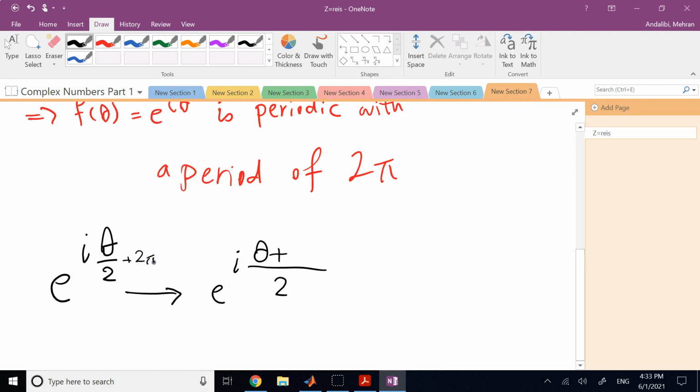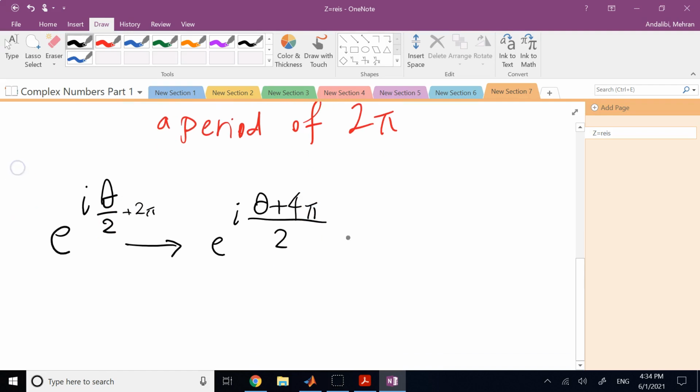If you add that, then the result is going to be the same as theta over 2, correct? Yes, so what I really need to add here is 4 pi. If I add 4 pi to theta, then this function is going to be theta over 2 plus 2 pi, which is going to be the same as the original one. So this function is periodic with period 4 pi.